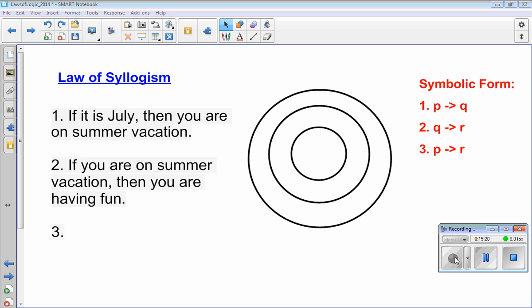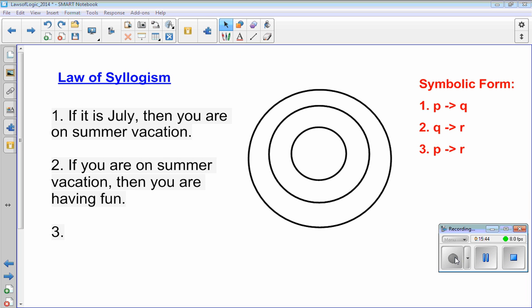Okay? All right, so we have, how many conditional statements are we given here? 2. Very different from the law of detachment, right? The law of detachment, we only had 1. So this is a clue that it's the law of syllogism, okay? When you're given 2 conditional statements, and it's very important the way that they're ordered.